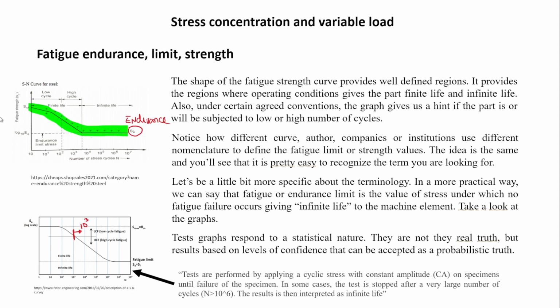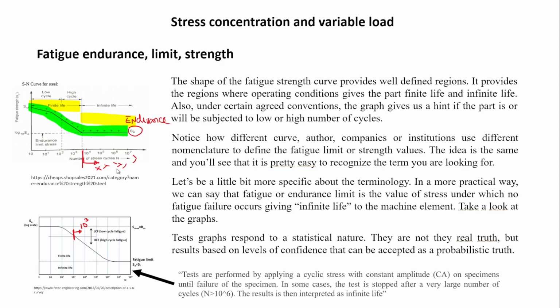Then the shape of these curves is going to tell me whether the part is going to have, like it is represented here, a finite life or an infinite life. Let's take this case, a little different from the other. If a part lasts or fails in some part of this stage, I'm going to say that it's a part that has infinite life.